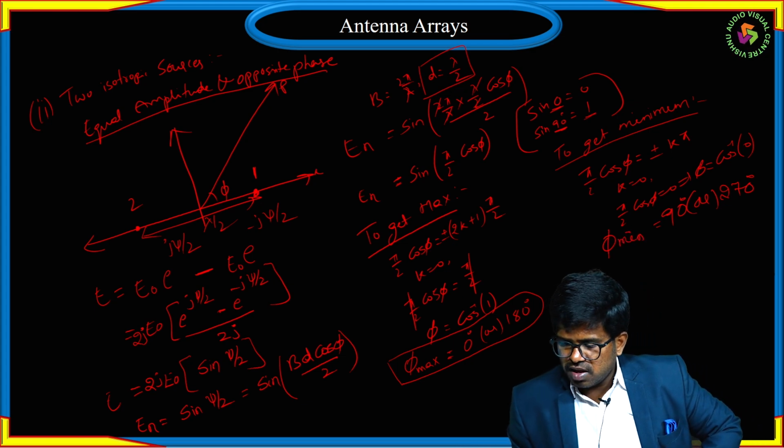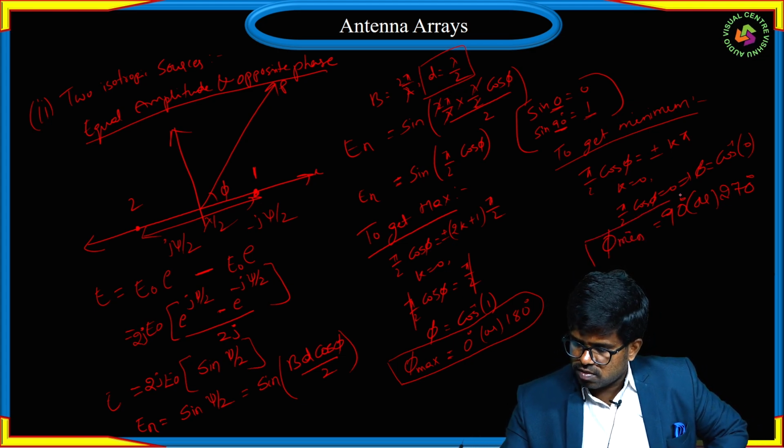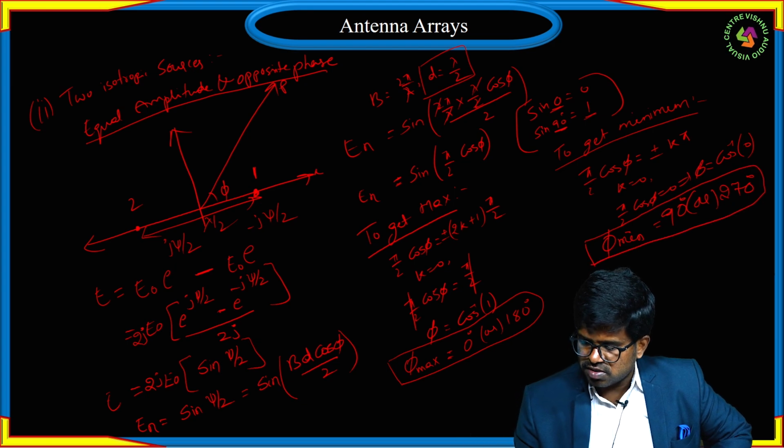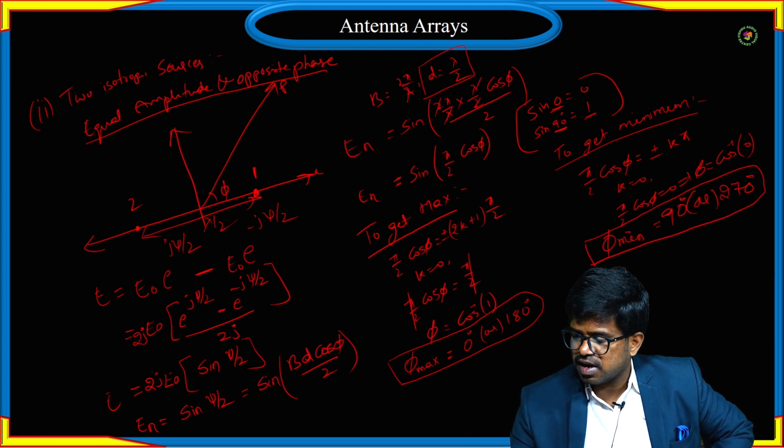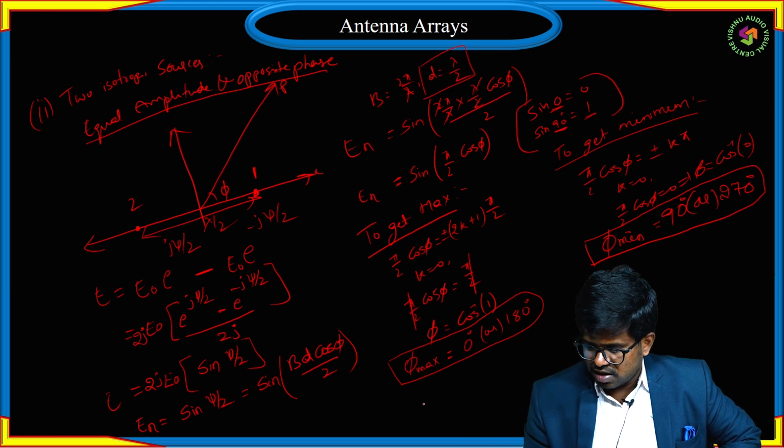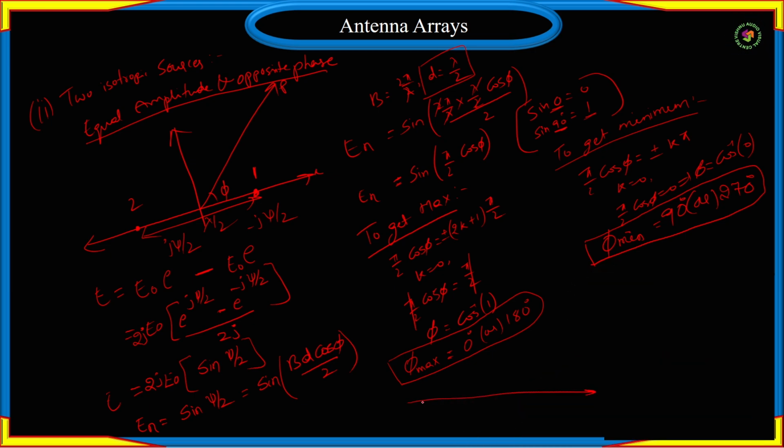Okay, now this is pi minimum. So we have maxima for 0 or 180, minima for 90 or 270. So if you draw the radiation pattern, it will come like this.